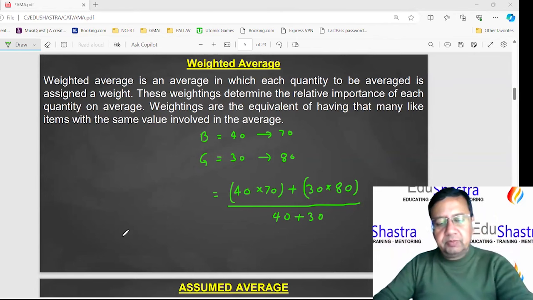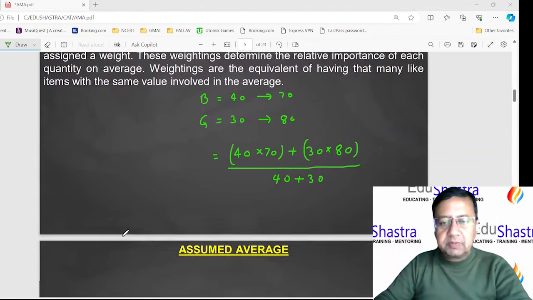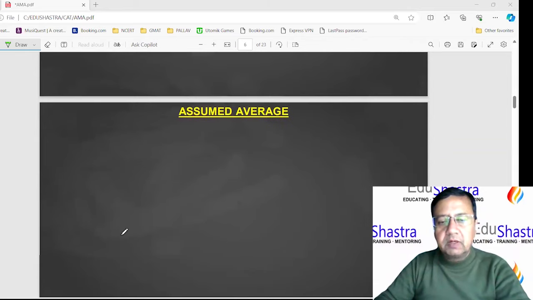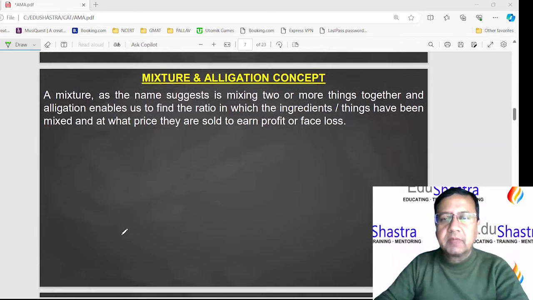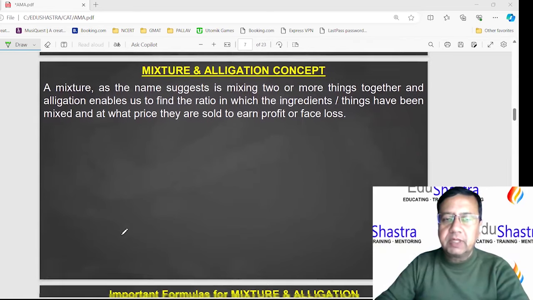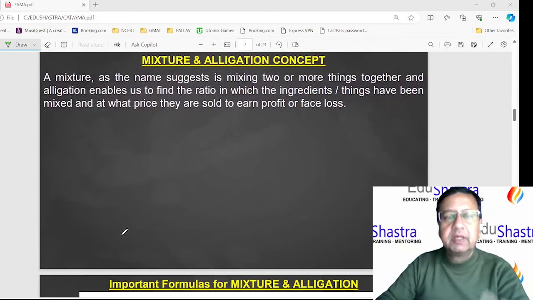Okay, so moving further from this point, the weighted average. So what is the mixture and alligation, right?